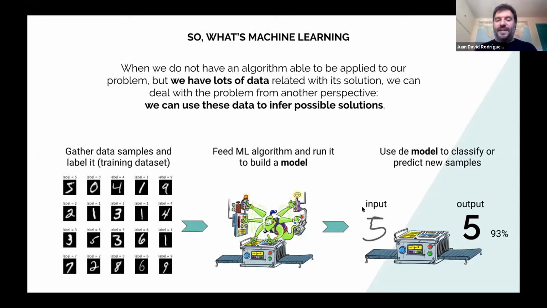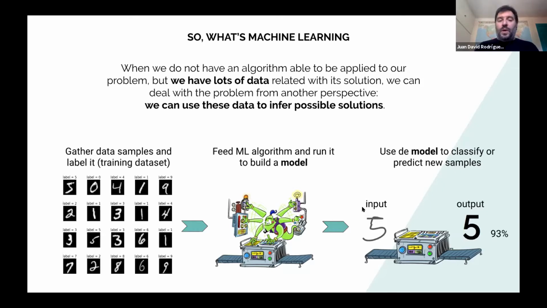Well, what we do is, we gather a big set of examples taken from several people, for example, and we tag each handwritten number with the corresponding digit. That is, this is what is called to build a training data set.